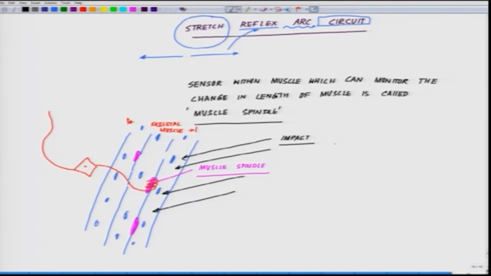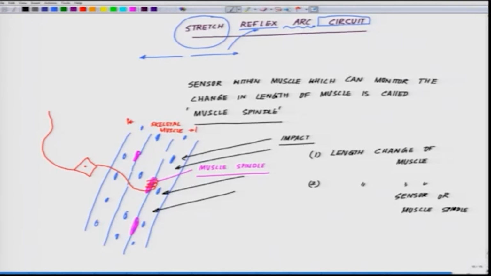The first is the length change of the muscle, and the second is the length change of the sensor, or muscle spindle.